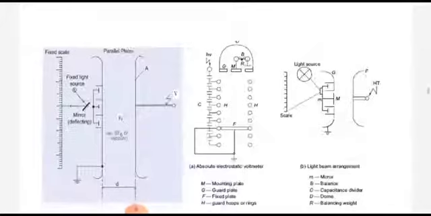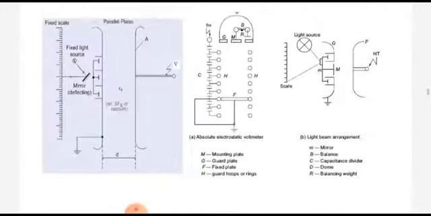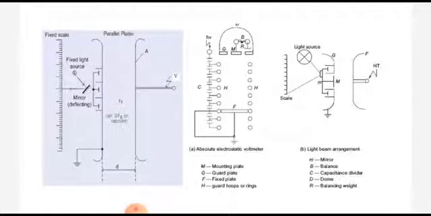Now here you have the two figures. You can draw the second and third in the exam, not the first one. For the explanation I have put it here. So you have the diagram here. Electrostatic voltmeter is made up of parallel plate configuration using guard rings to avoid the corona and also maintain constant potential.